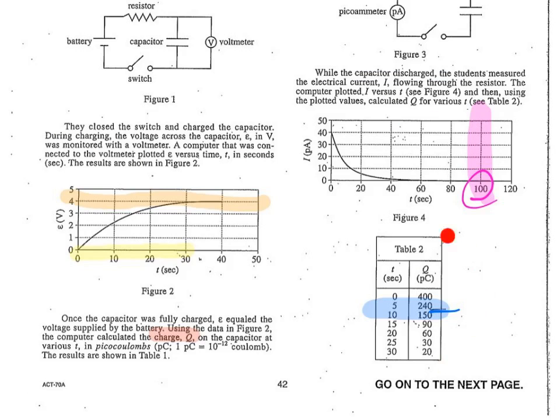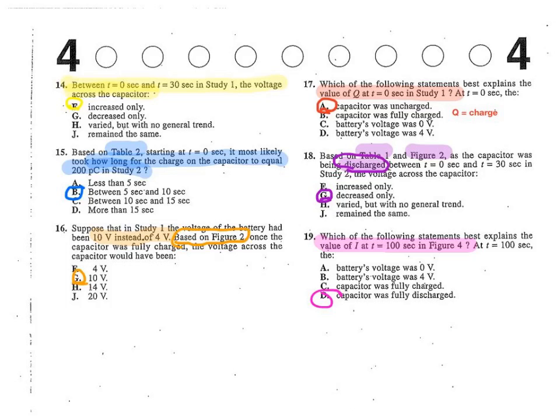Now, in table 2, you'll notice that a charge of 200 PC isn't directly given to us, but we do see 150, and we also see 240. So we can say that it's going to probably fall somewhere in between there, somewhere between the 5 and the 10 seconds. Going back to your possible answers, you'll notice that B gives us exactly that, between 5 and 10 seconds.